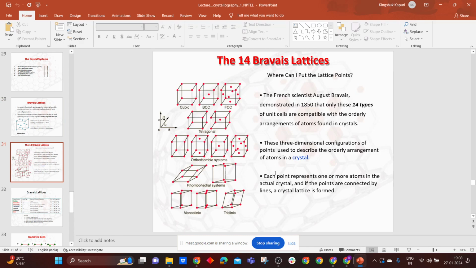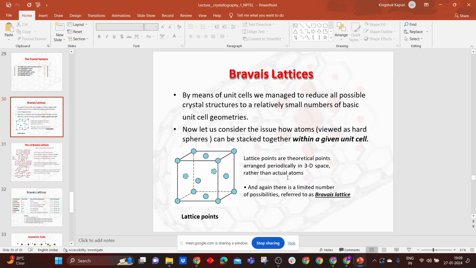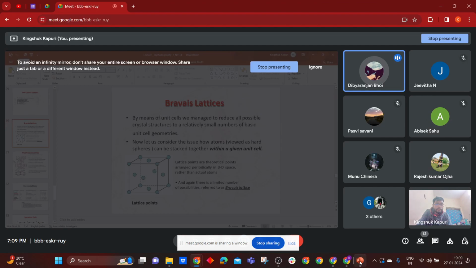Sir, why is the trigonal system considered a subsystem of the hexagonal system? Okay. It's very simple, students. The trigonal system has a crystallographic axis angle of 120 degrees, sorry, 60 degrees, right?